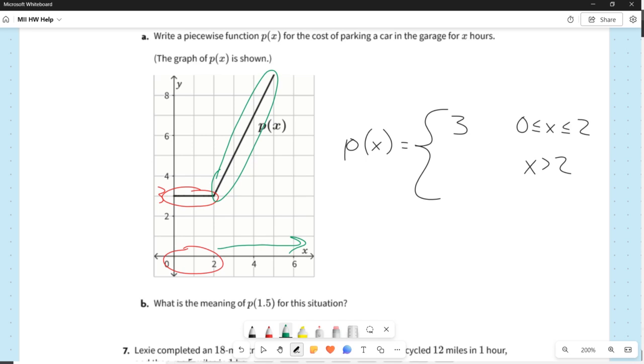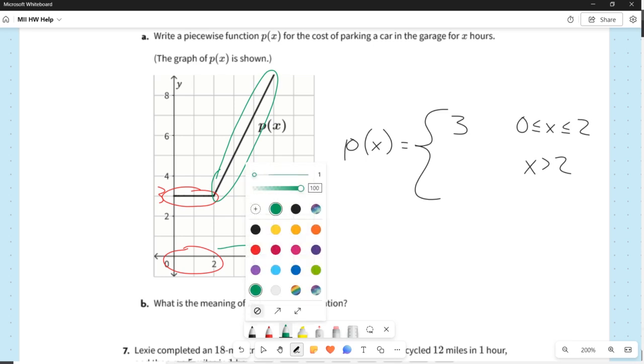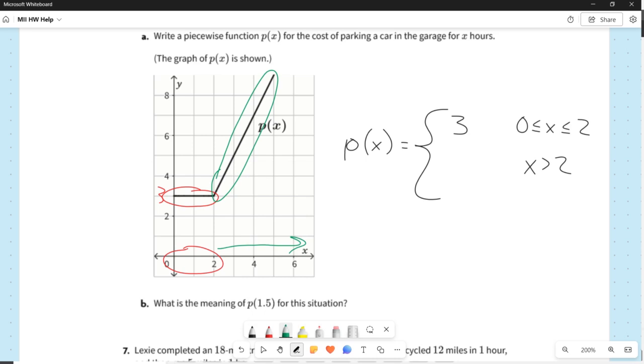So what we need is mx plus b. So m is our slope, and we can pick really any 2 points here, but we can just start at the beginning. From there to there, our slope goes up 2 and over 1. So our slope is 2 over 1, which is 2.